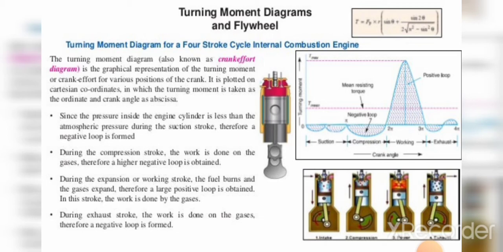The turning moment diagram is a graphical representation of turning moment or torque. As we all know, torque is given along the y-axis versus crank angle, which is represented on the x-axis, for various positions of the crank. As it represents various positions of the crank, it is also called the crank effort diagram.